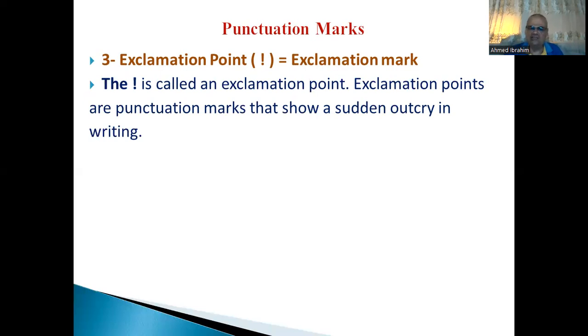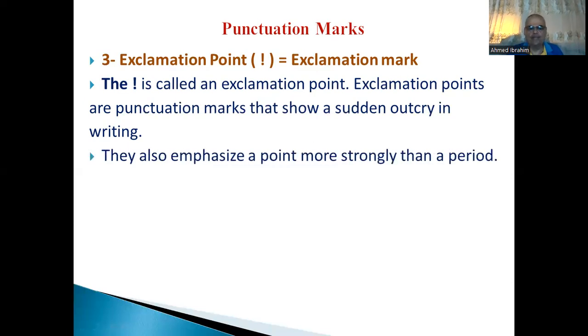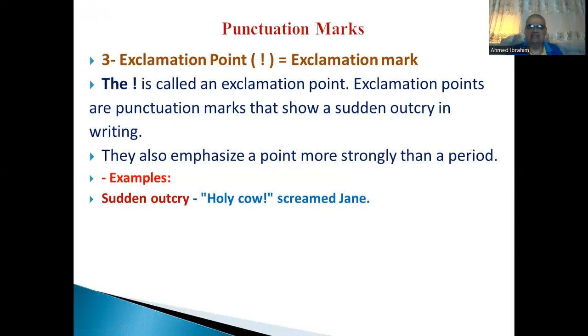Exclamation points are punctuation marks that show a sudden outcry in writing. They also emphasize a point more strongly than a period. Example: sudden outcry.